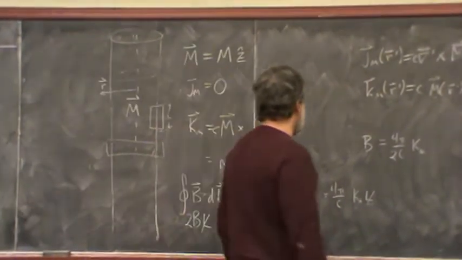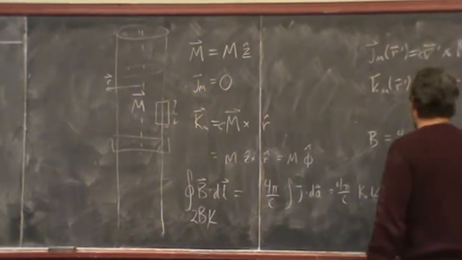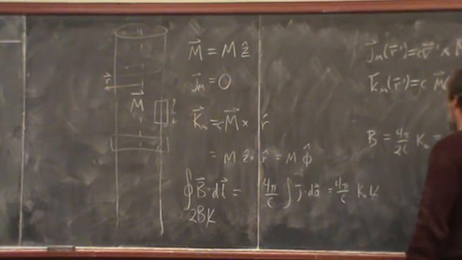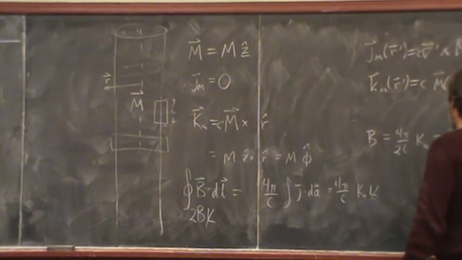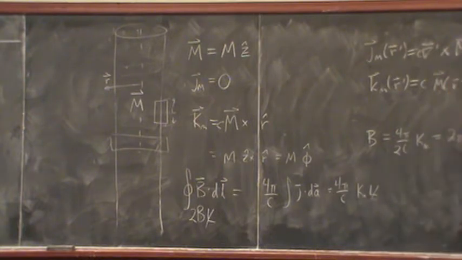All right. Because I'm just about to rewrite this as 2 pi c goes out M. All right? So the magnetic field in the material is just related to the magnetization. Did I lose something here?